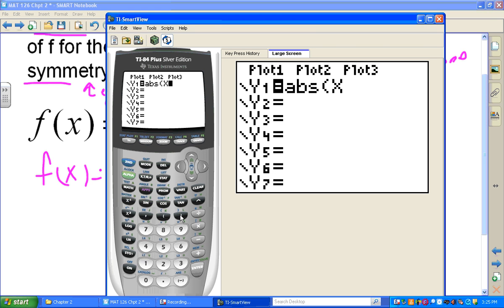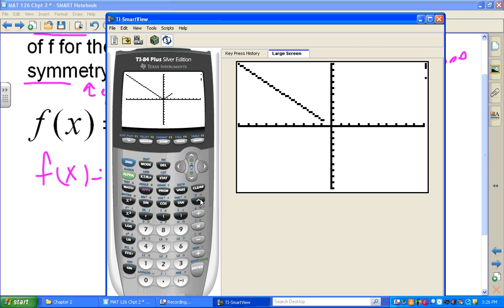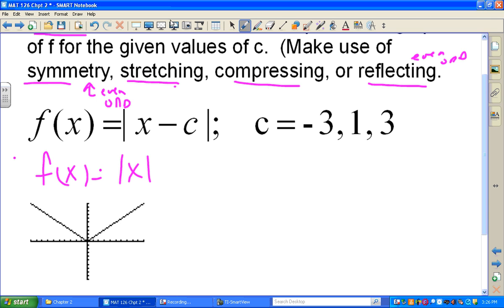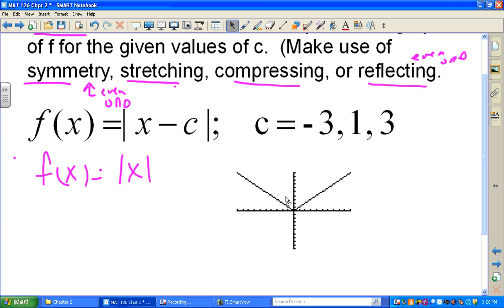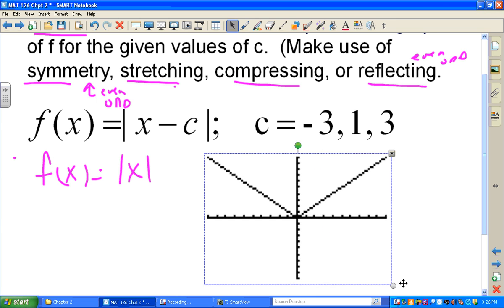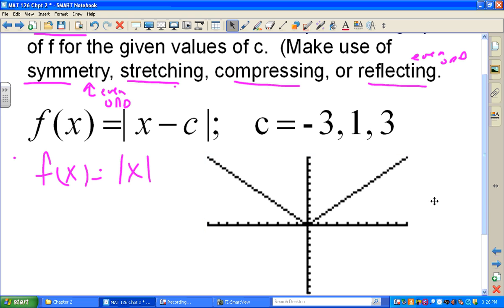I'm just going to put mine on here to give it a little bit more scale. So there's my graph of the absolute value of x. Now, I'm not multiplying by anything, am I? I'm not putting a number right here. So I'm not doing a stretch. I'm not doing a compress.